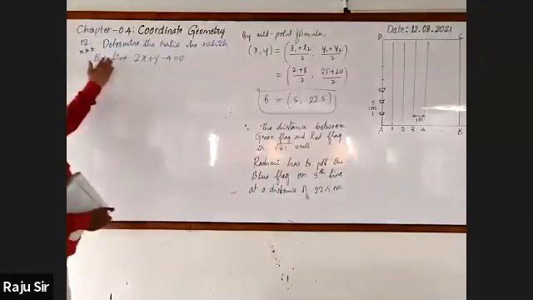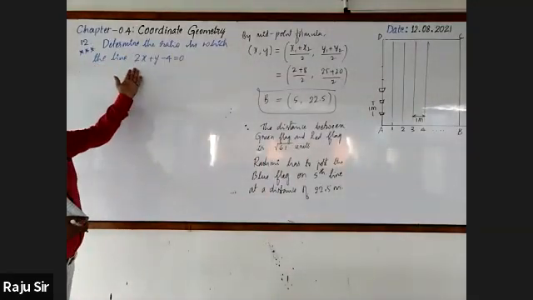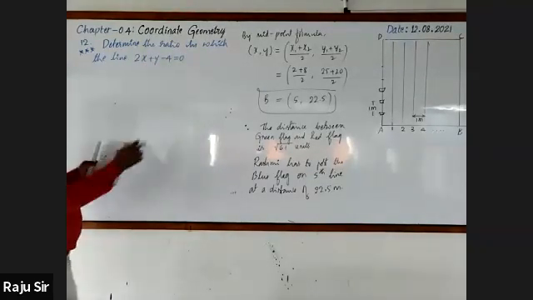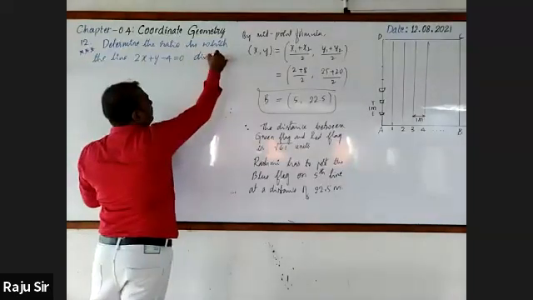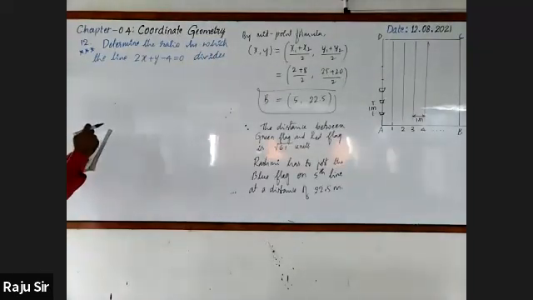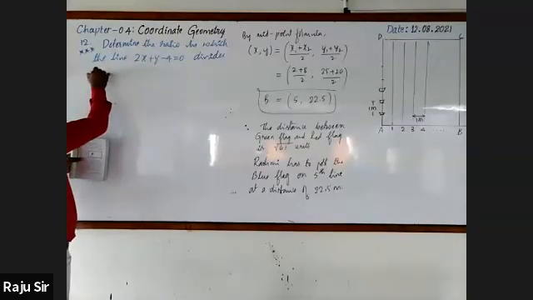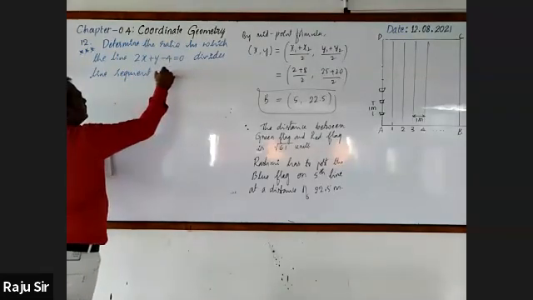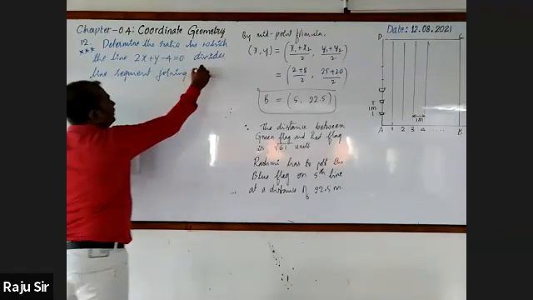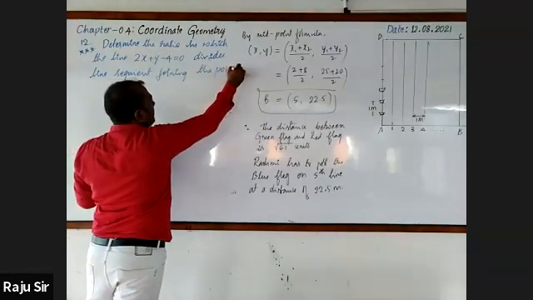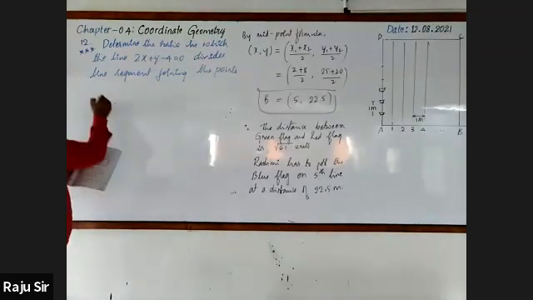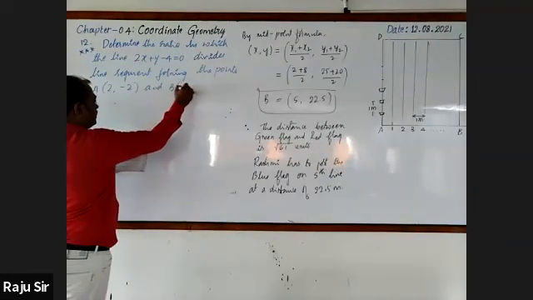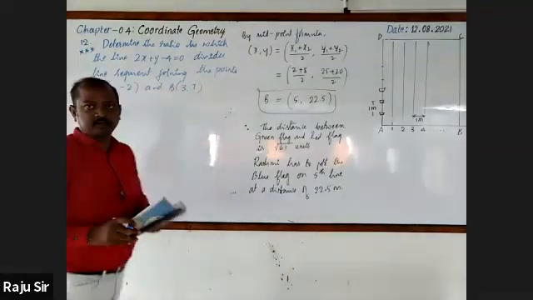Right, the line 2x plus y minus 4 equal to 0 divides the line segment joining the points A (2, minus 2) and B (3, 7).